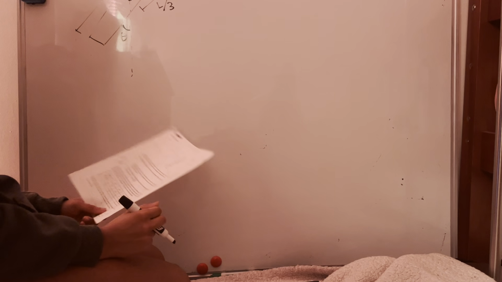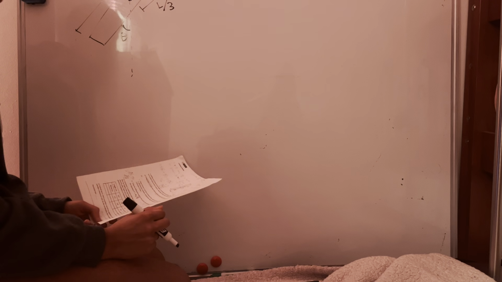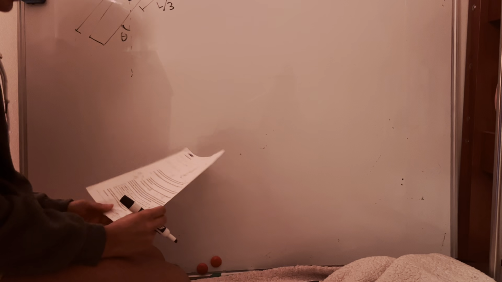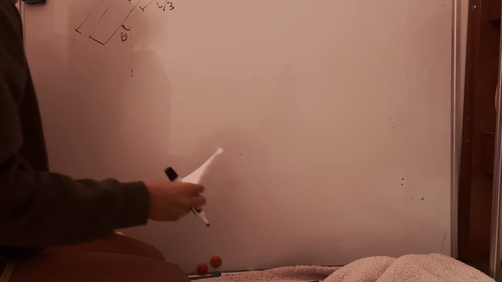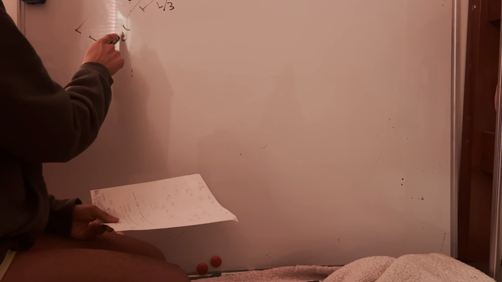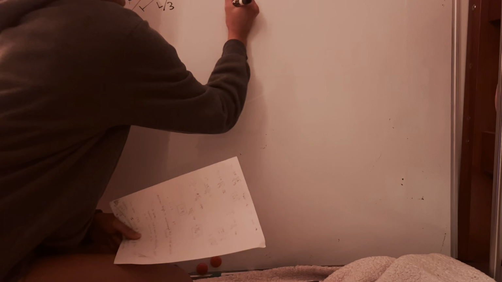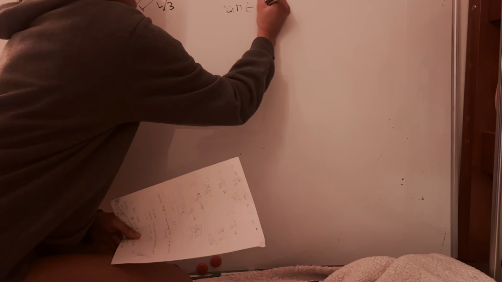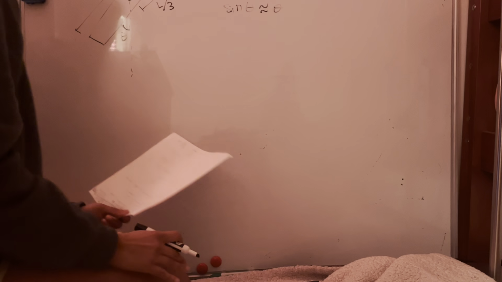So based on this information, there are a couple of things we can do. First I'll start with our assumptions. Our assumptions are that this angle theta is small enough that we can use small angle approximation. So essentially, we can assume that sine of theta is approximately equal to theta.